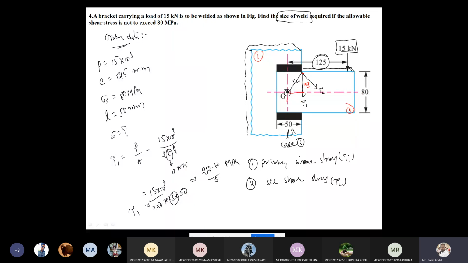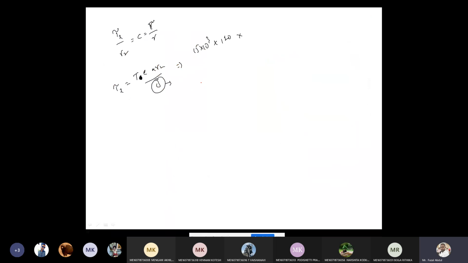Now from the center of gravity to the primary shear stress distance, if the total is 50, it is 25. Now these opposite sides are known, we don't know this length. So to get the R2 length, we use the Pythagoras theorem: 40 square plus 25 square. Now R2, how much? 47 mm. Okay, R2 is calculated.